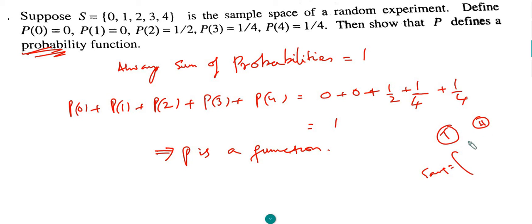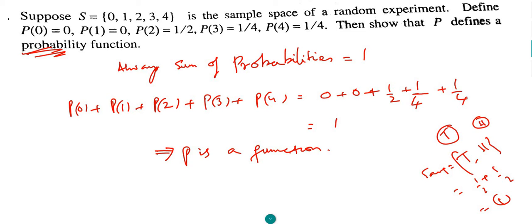The sample space is tail and H. When I throw one time, what is the probability of getting tail? Half. What is the probability of getting H? Half. We should write it like this: when I toss, either T will turn up or H will turn up. Probability of T is half, probability of H is half. Total is how much? 1. Then this is the probability function.